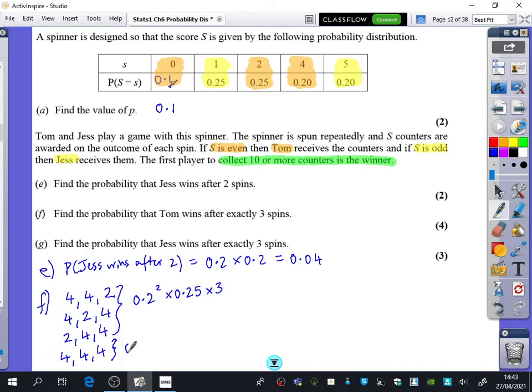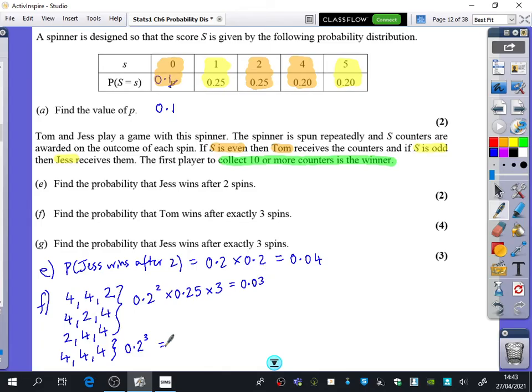And then this one is a 4 times 4 times 4. Sorry, a 0.2 times 0.2 times 0.2. So we'll come up with these probabilities and see what we get. So we have 0.2 times 0.2 times 0.25 times 3. So this is 0.03.